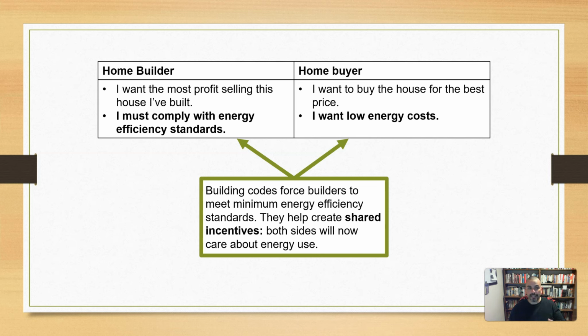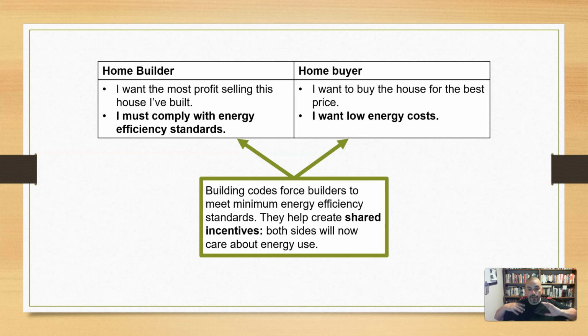So what this means is that the home builder now has to comply with those energy rules, and they're now, basically by following those rules, reducing the energy costs for the home buyer. And again, there's also that benefit to everybody else because the home that uses less energy is contributing less to global warming as well. So what the building codes do in this case is they create shared incentives. Now both sides basically have an interest in reducing the energy costs of the home.